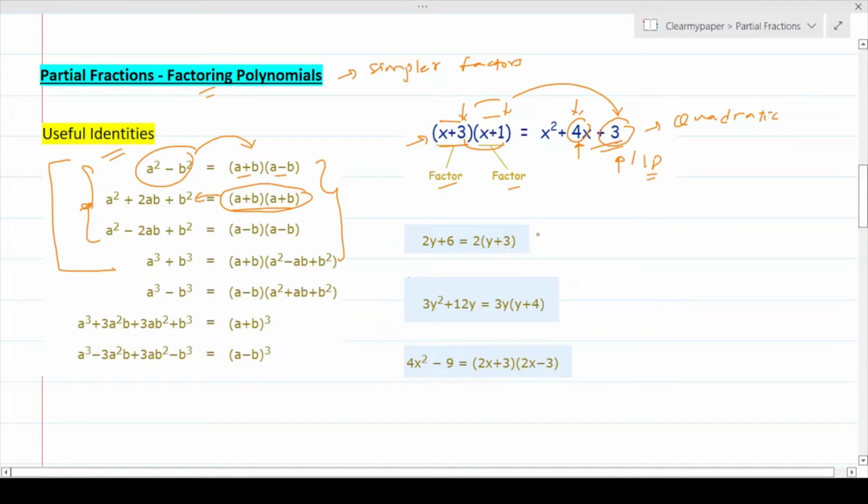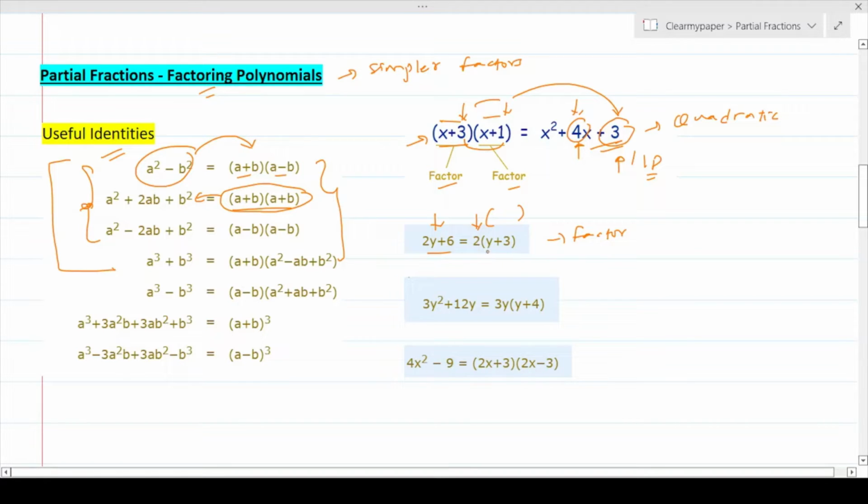Similarly, not in every case will you get a quadratic equation. Sometimes it might be a plain vanilla linear equation. For example, on the left-hand side we have 2y plus 6. How can we factorize? We know that we can take 2 as the common factor, and in the bracket we put y plus 3. Whatever the given equation is, can we break it down into a simpler format to whatever extent we can?